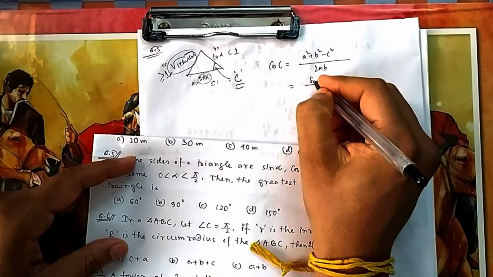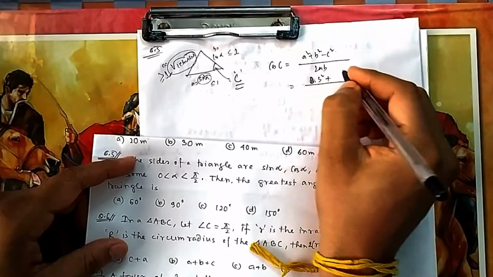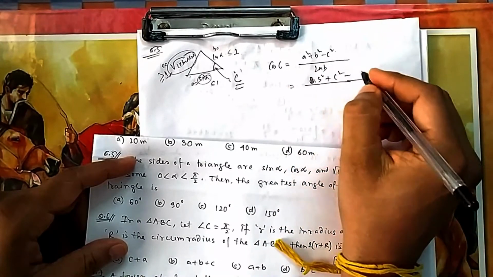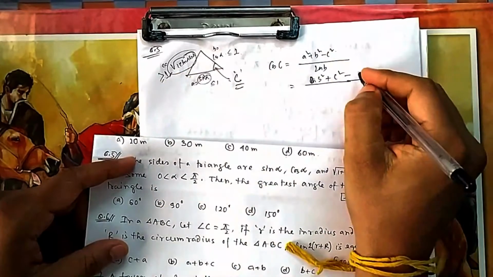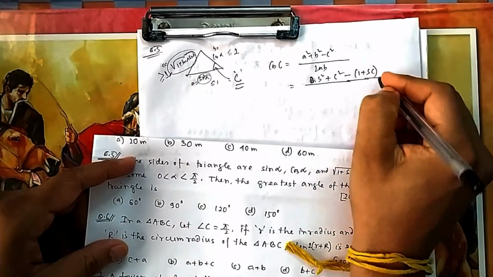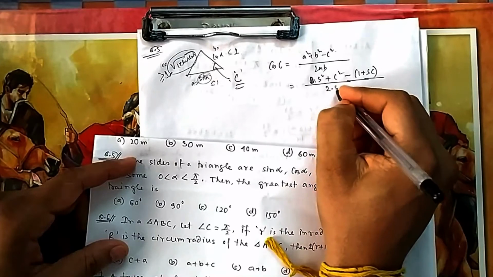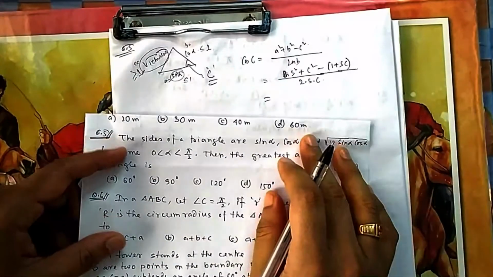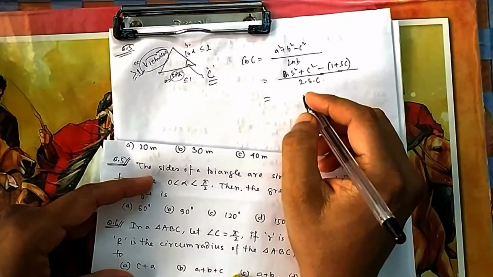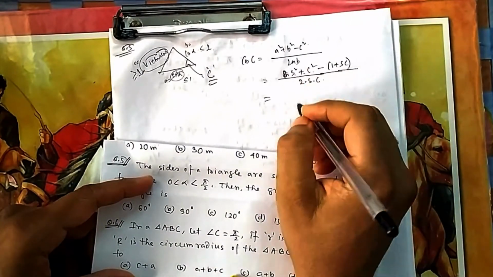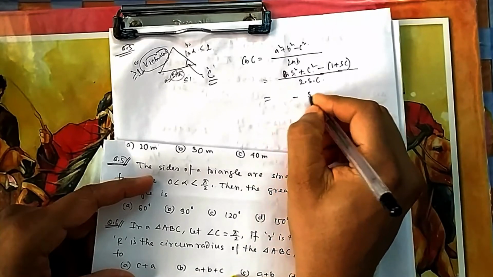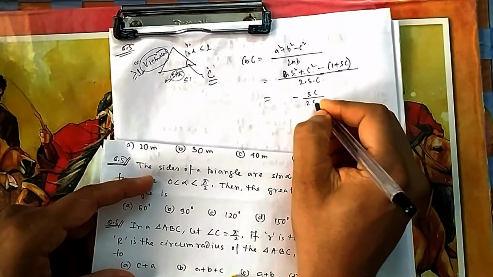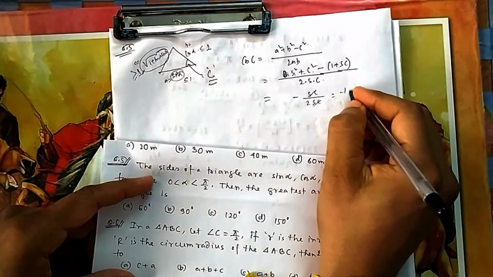Sin alpha, so sin square alpha plus cos square alpha minus c square, that is 1 plus sin cos whole square, divided by 2 into sin cos. If you do this, sin square plus cos square is 1, which gets cancelled, so it will be minus sin cos divided by 2 sin cos. So this is minus half.